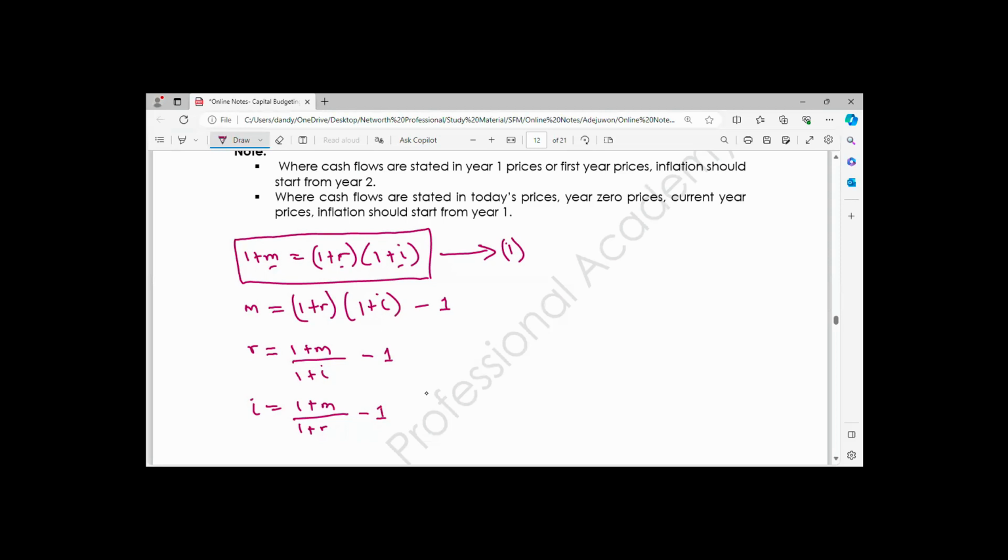I hope that is very clear, because on the day of your exam, the current value terms and the first year prices are very common.